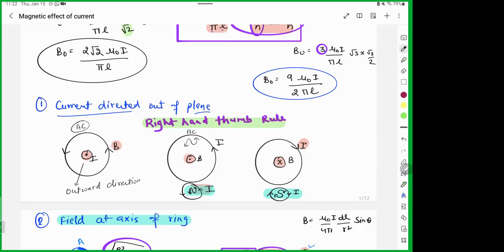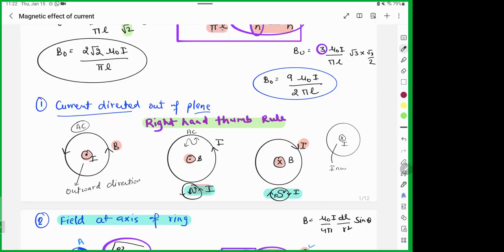Barinder, if current direction is inward, your right hand thumb is away from your eyes, what will be the direction of the magnetic field? This is current direction inward.